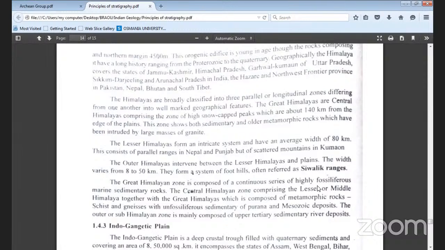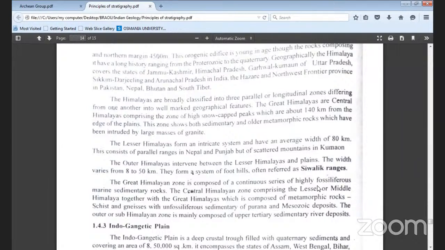The second one is the Lesser Himalayas. These form an intricate system and have an average width of 80 kilometers. They consist of parallel ranges in Nepal and Punjab, and also have scattered mountains in Kumaon.